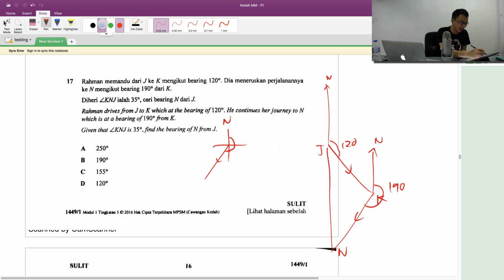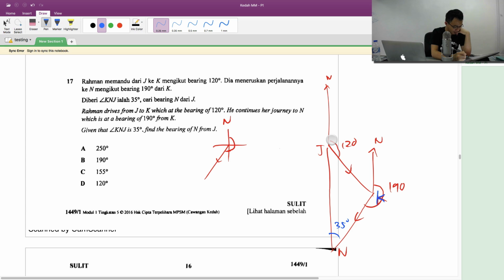K is here, just in case you lost the K. The question asks you to find the bearing of N from J. Where is N, by the way? Oh, N is here. So from J, look at N here.